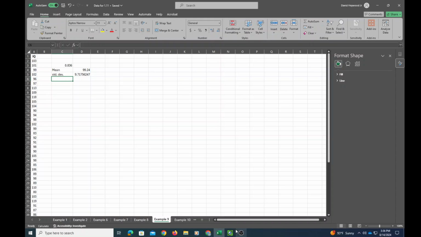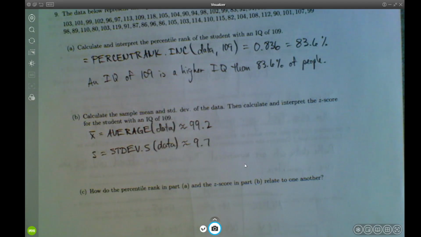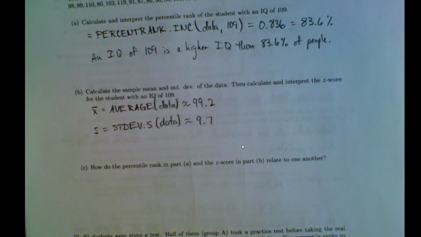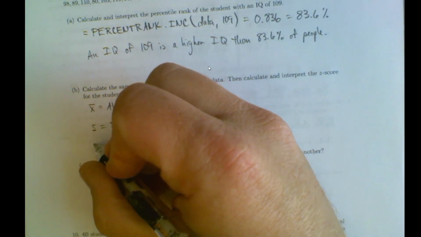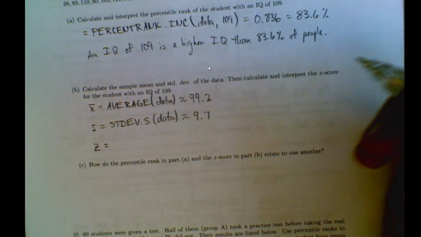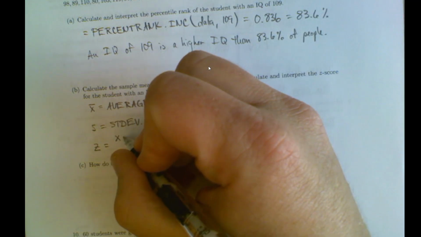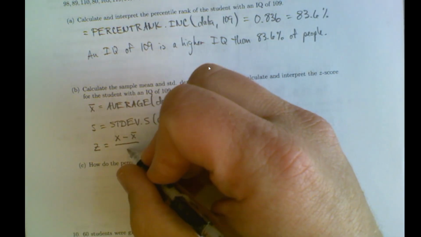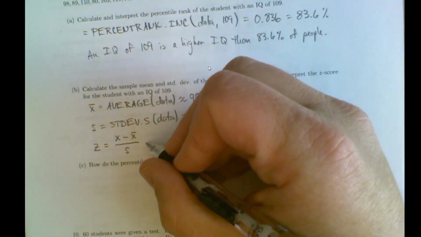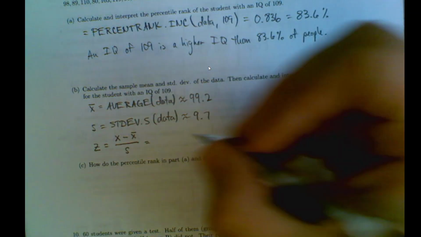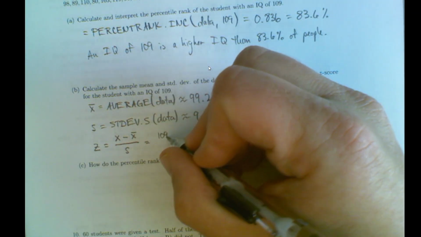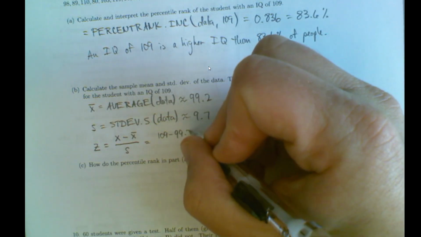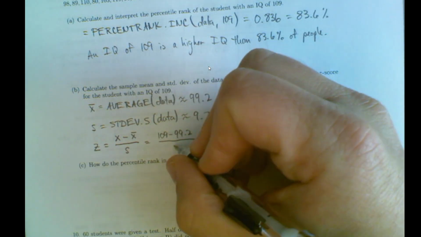Yes, 9.7. Okay, and then we want to calculate the z-score for a student with an IQ of 109. Well, the formula for the z-score is our observation x minus our mean x bar divided by our standard deviation s. So in this case, that's 109 minus 99.2 divided by 9.7.